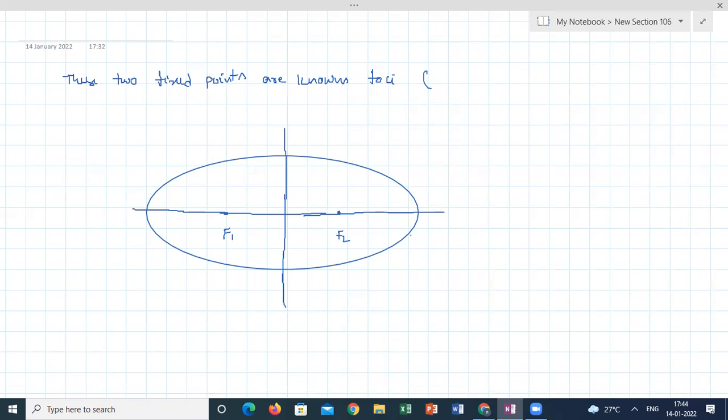Usually the line which is joining both the foci is known as the major axis.